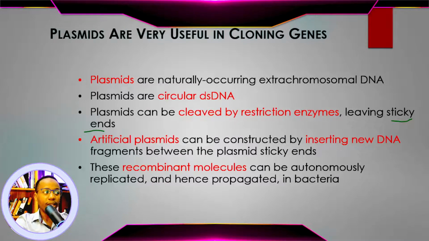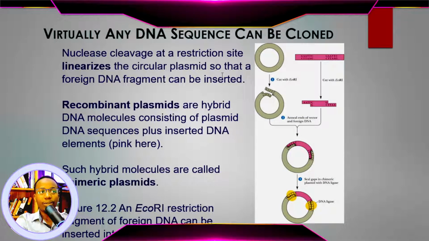So let me show you an example. So this is how we do it. We have a circular DNA, which is a plasmid. You have a gene of interest, and then you cut this with a restriction enzyme. EcoR1 is one of the most famous restriction enzymes.